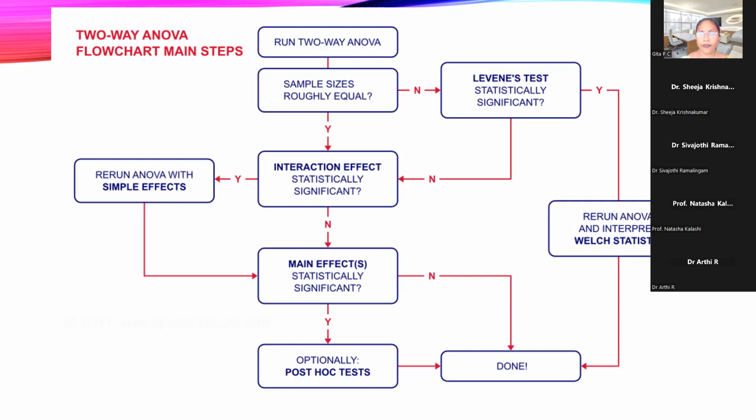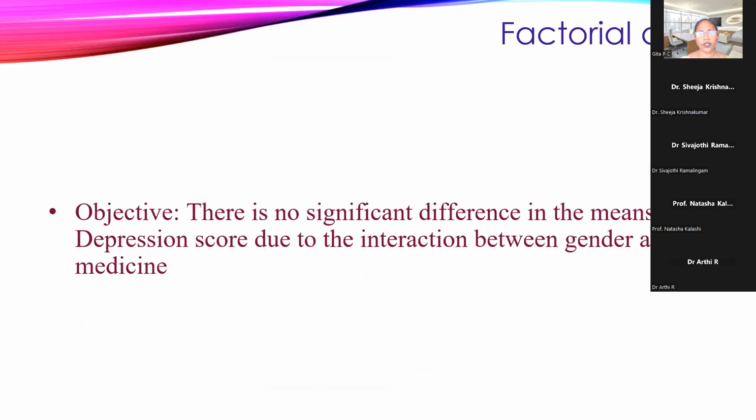It sounds quite complicated, but it is not very complicated. It is very simple. We will be doing it shortly. So here we are going to perform a factorial ANOVA. The null hypothesis: there is no significant difference in the means of the depression score due to the interaction between gender and medicine. Remember, we performed an ANOVA test sometime back where we used medicine as the categorical variable and depression score as the dependent variable.